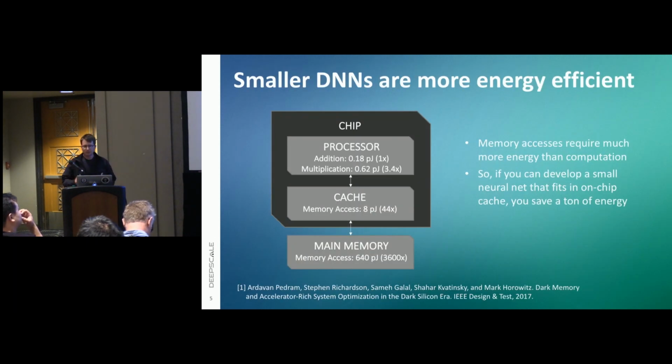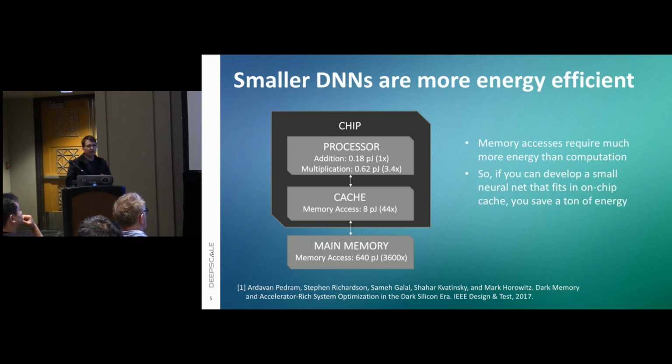Let me spend a minute to rehash the energy argument. The black part of this diagram is the actual chip, and everything else is not. Based on some of the numbers from Mark Horowitz's Computer Architecture Research Lab at Stanford, you can see that if an addition costs 0.18 picojoules, this is all in a fairly vanilla computer architecture setup, multiplication costs about 3.4 times that.